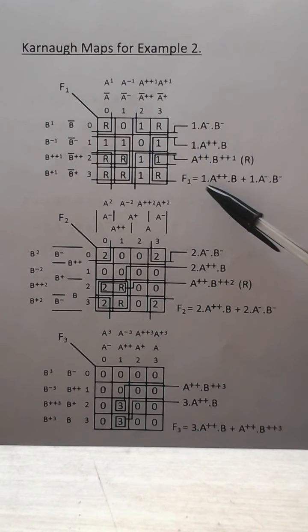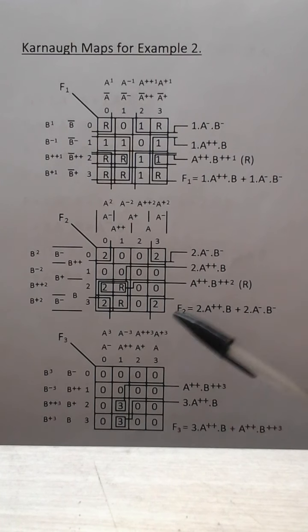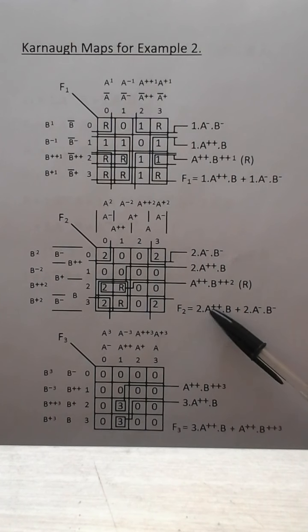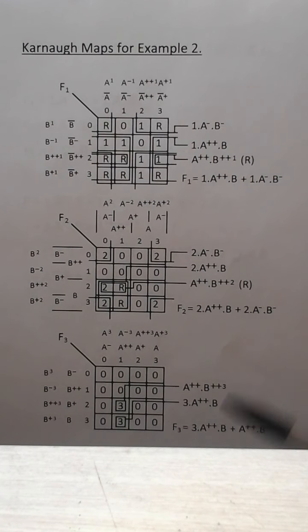So F1 equals 1 min a plus min b max 1 min a minus min b minus. F2 equals 2 min a plus min b minus max 2 min a minus min b minus. And F3 equals 3 min a plus min b max a plus min b plus 3.